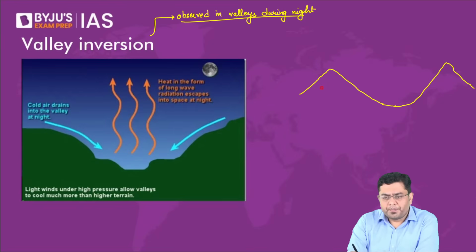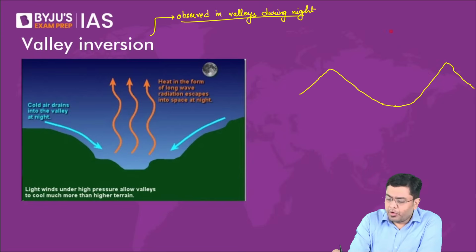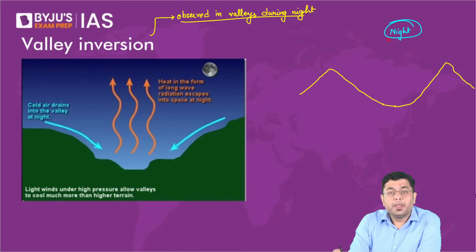Yes or no? Significantly? Considering the night situations, if the temperature is low, can we say we will have cold air here? In both these areas, we can say we will have cold air.